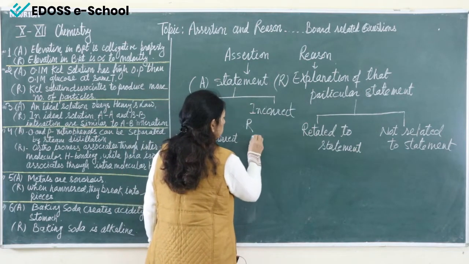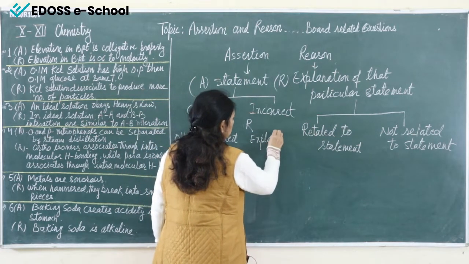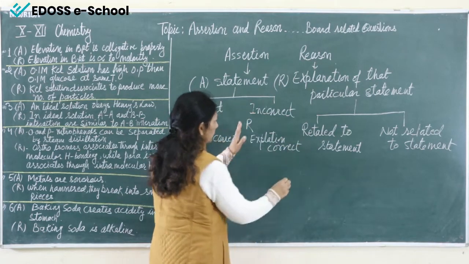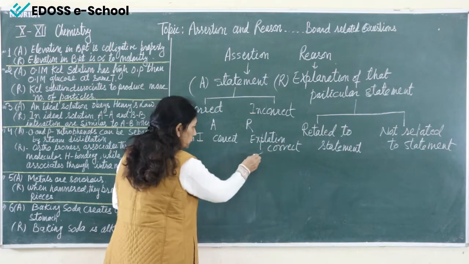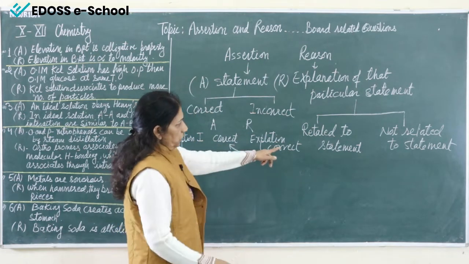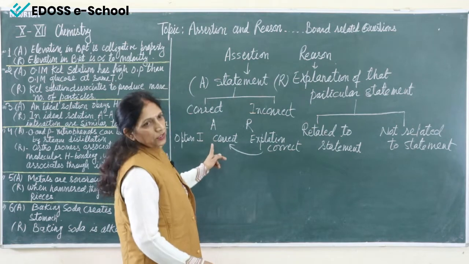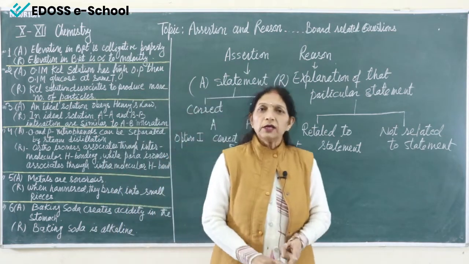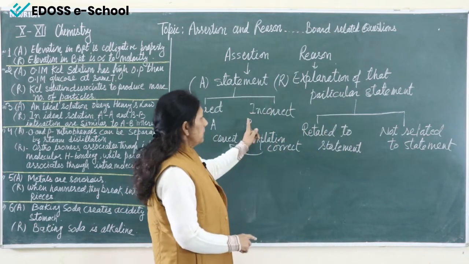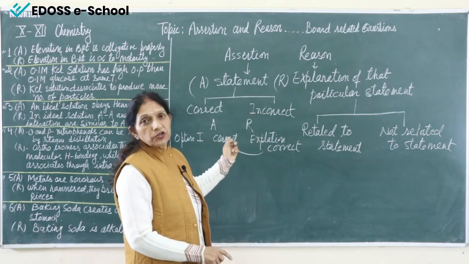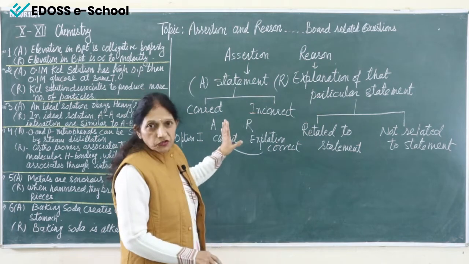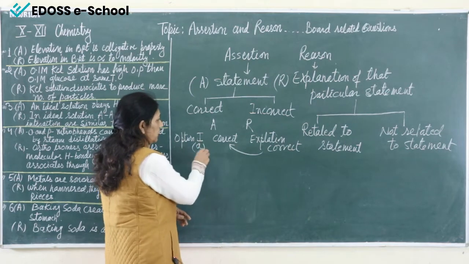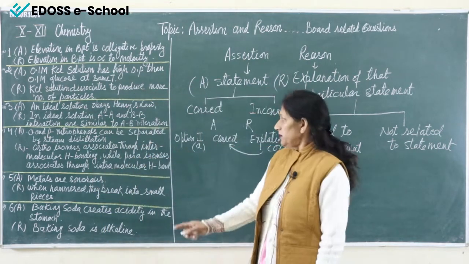If assertion is correct and reason is correct, and the reason is the correct explanation of that particular statement, then option 1, or we can say A, we can tick on option A.